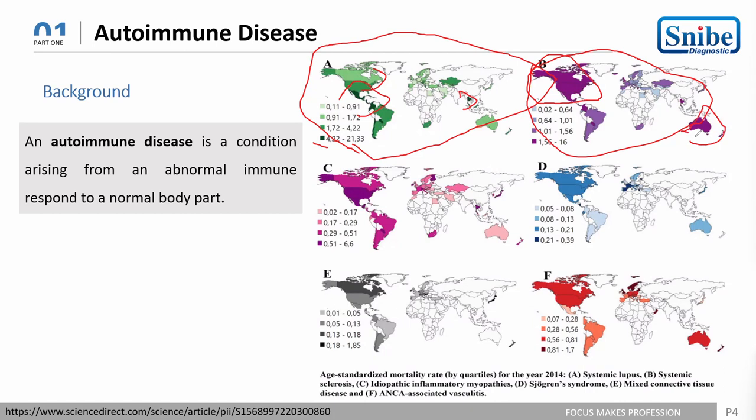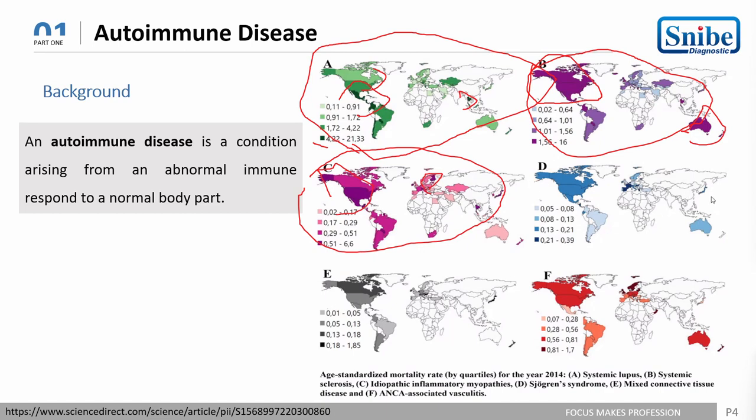If we talk about the C part, it indicates the idiopathic inflammatory myopathies, which includes the American region, South America and North America, along with some African countries, which also have comparatively higher prevalence as compared to the other countries.